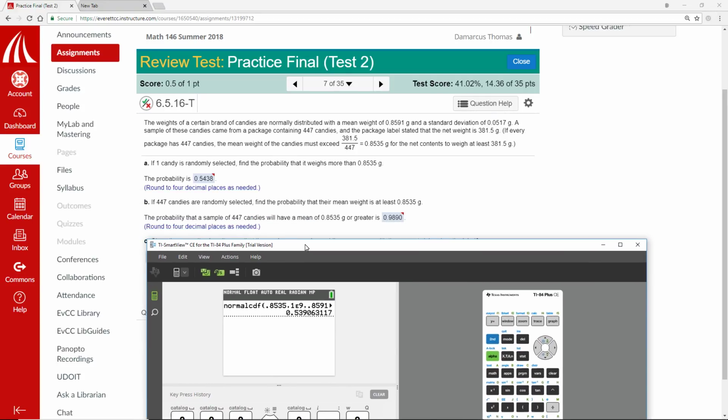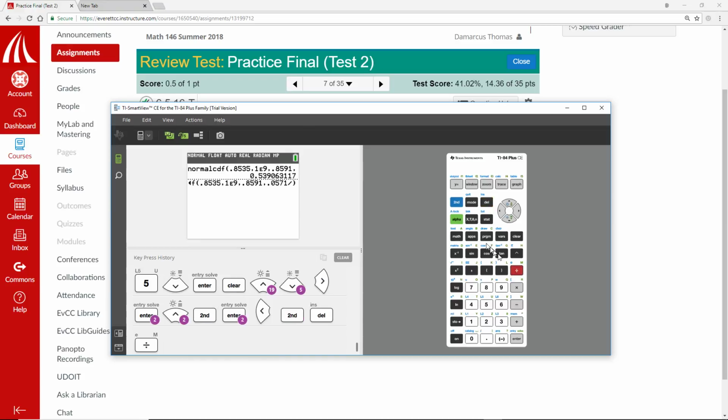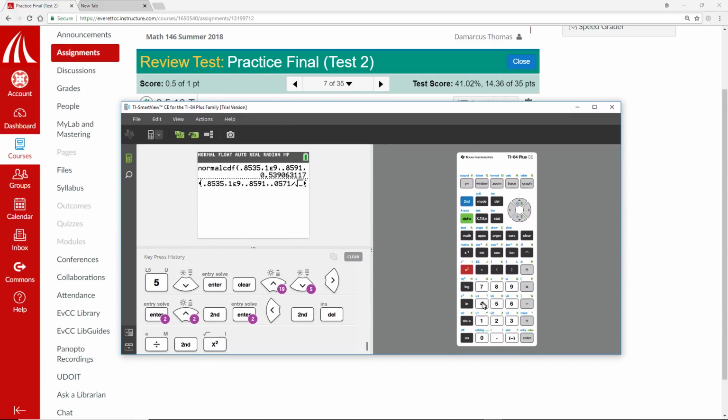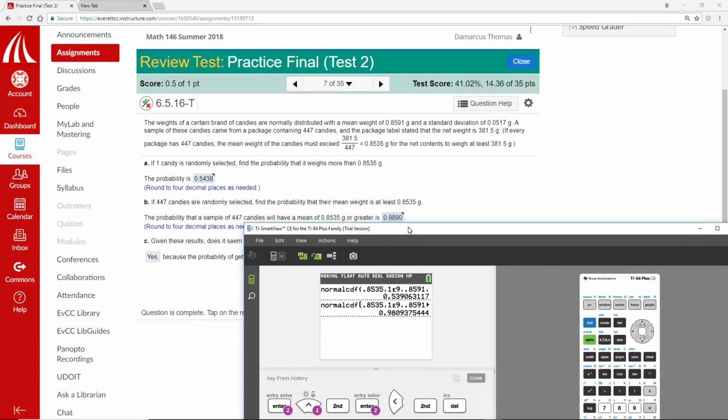And then the other value is this value times the square root of 4, divided by the square root of 447. 0.98. Oh, 0.9809.